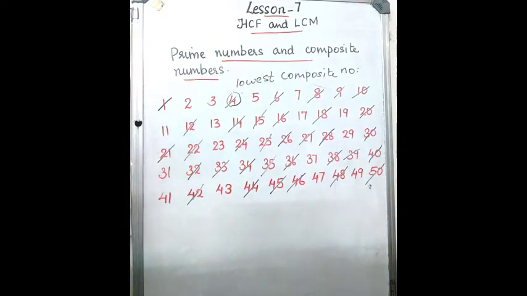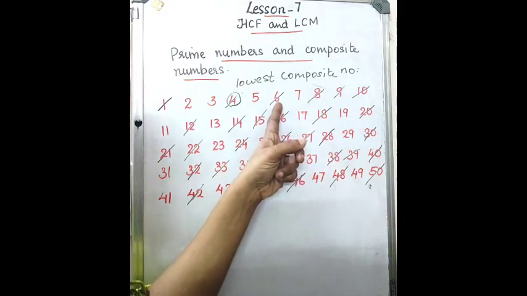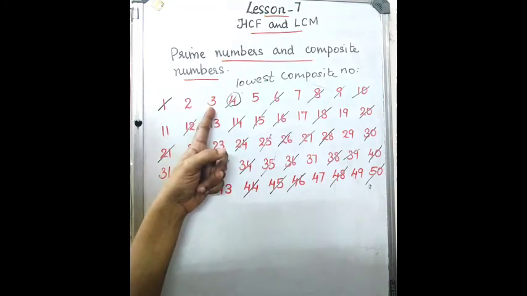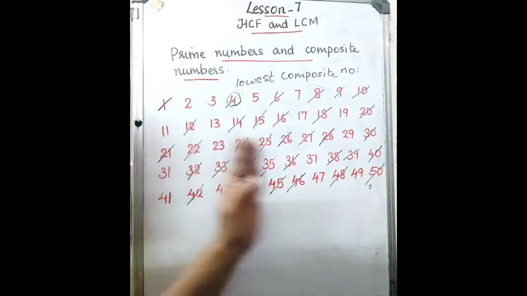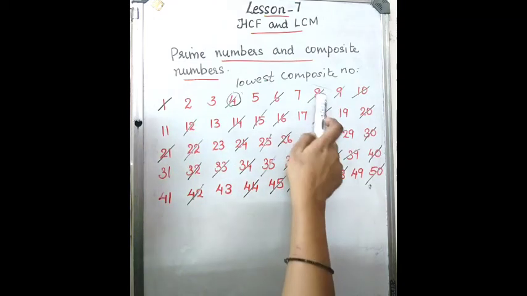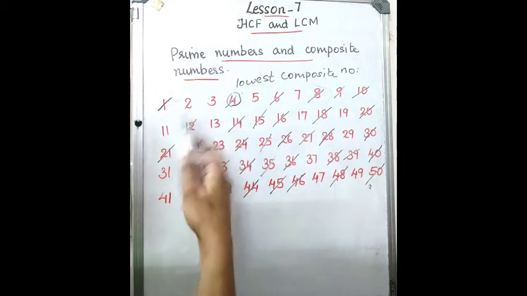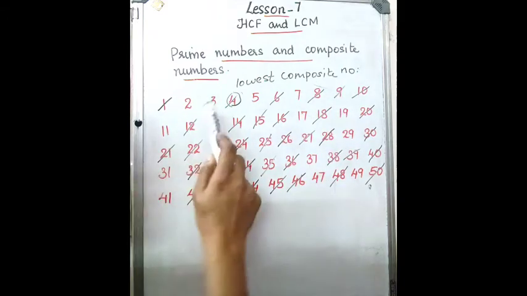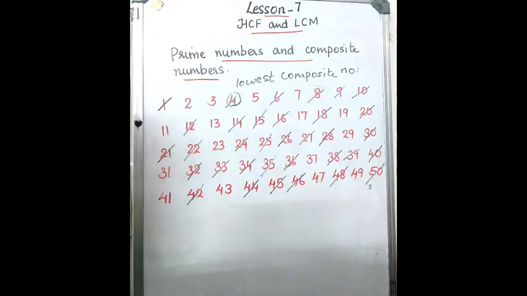We have crossed multiples of 5. Then coming to 6, all the multiples of 6 come under the multiples of 3 and 2. We have already crossed multiples of 2 and 3. Then 8 comes under the multiples of 4, and 9 comes under the multiples of 3, that we have already crossed.